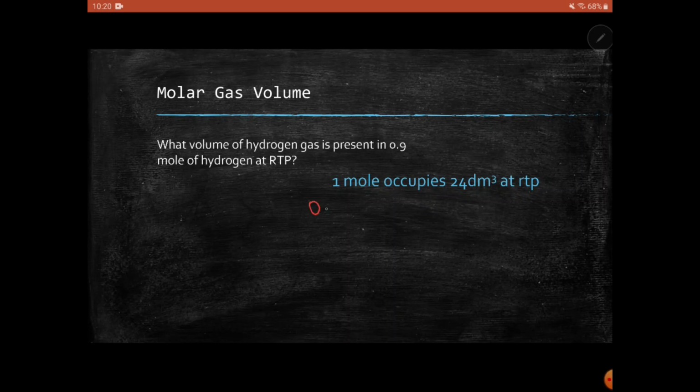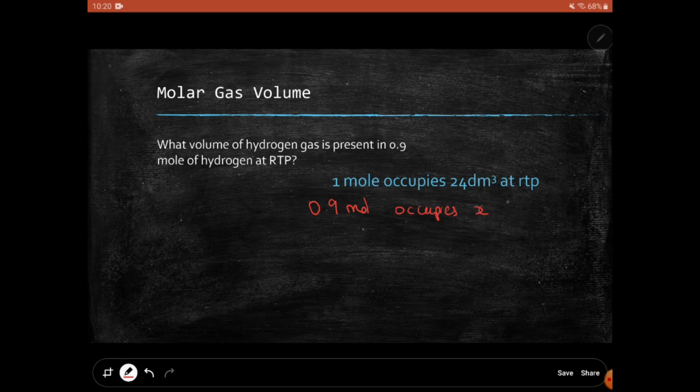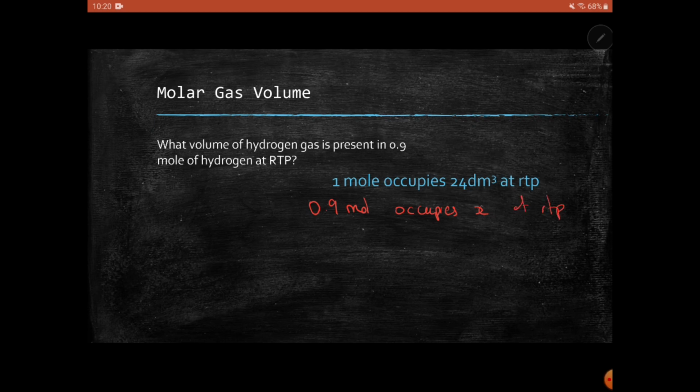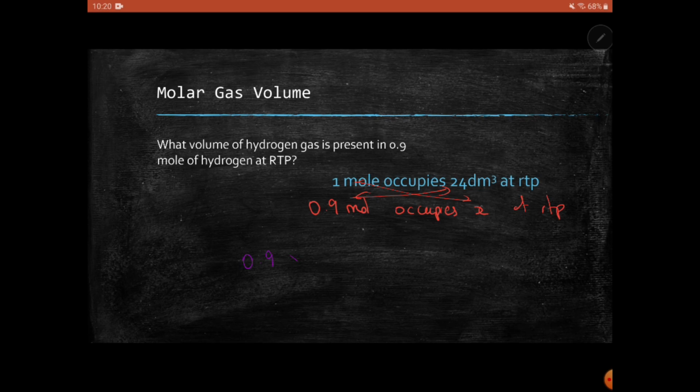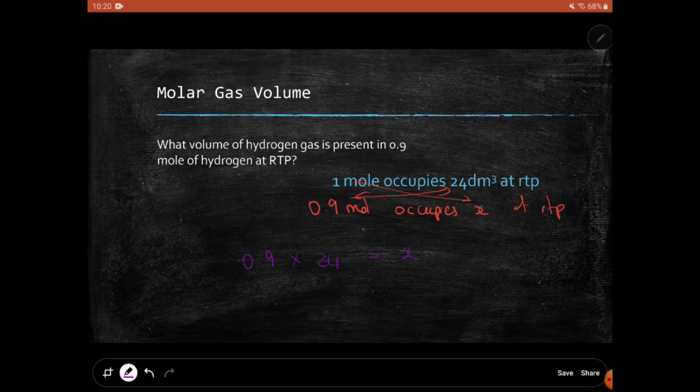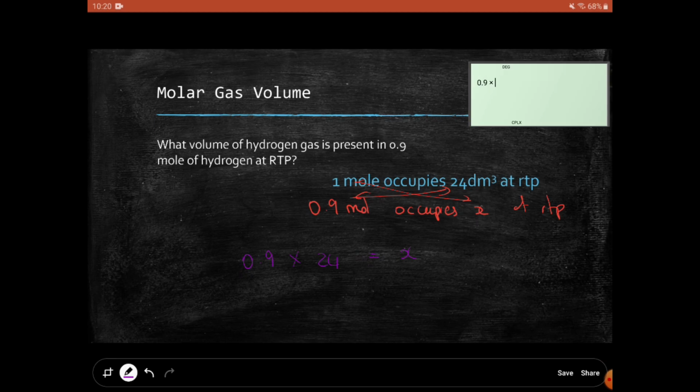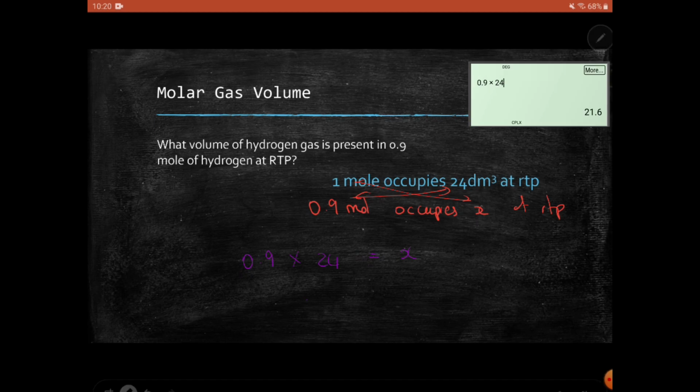We have 0.9 moles, and this occupies x at RTP. We cross multiply. This would read 0.9 times 24 is equal to x. Input that in our calculators, and we would get x is equal to 21.6 dm cubed.